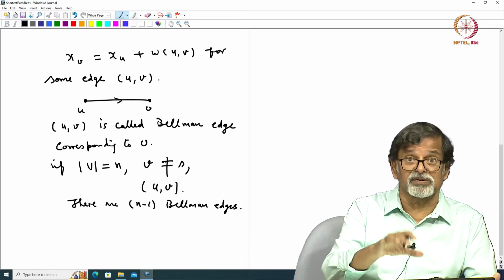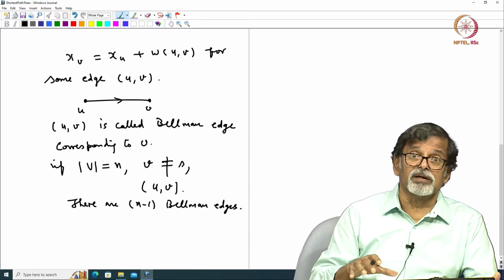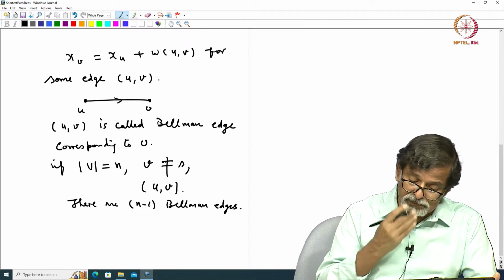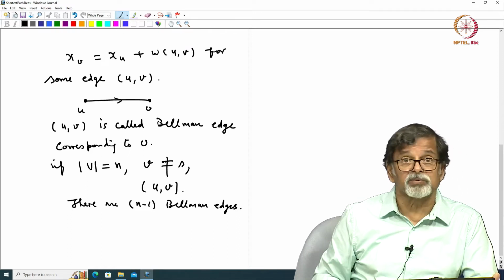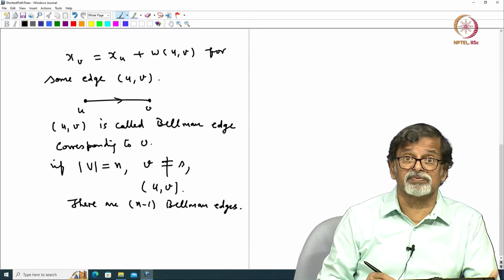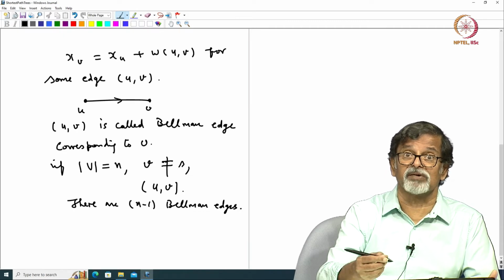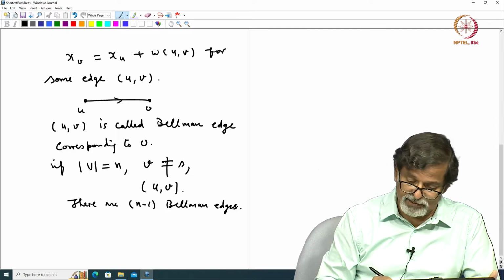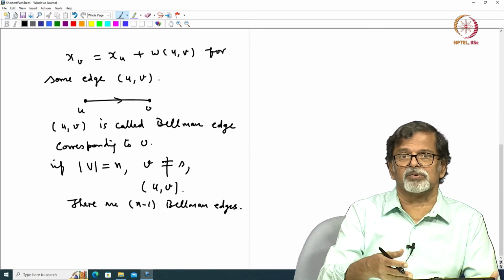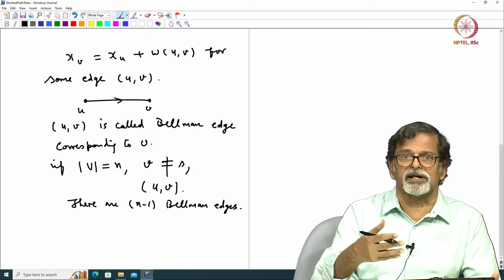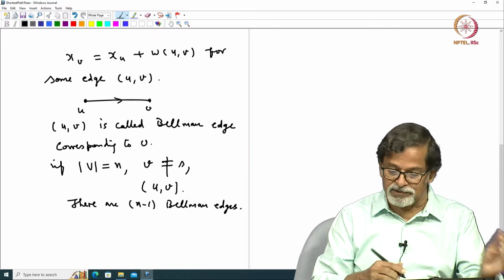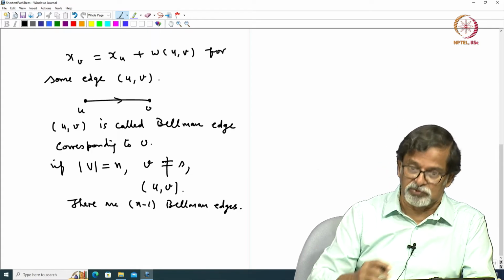These edges are edges of the graph, okay, and there are n minus 1 Bellman edges. We construct a graph, it is called the Bellman graph associated with G, because from G you form the Bellman equation, and then when you solve you get these edges identified as a part of the solution.